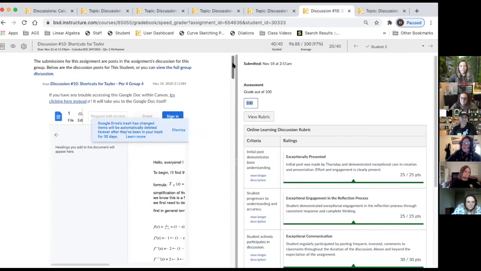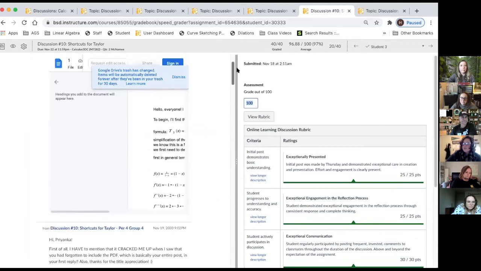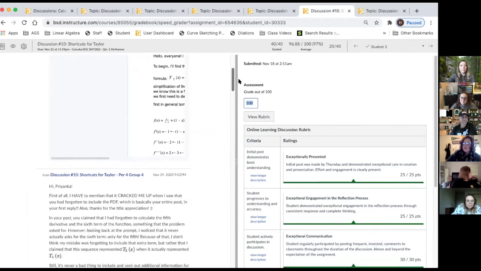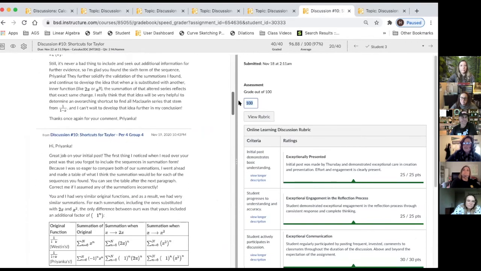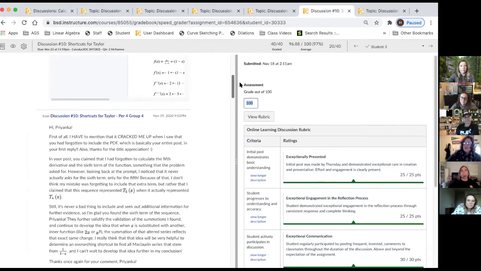But this student, my kids are pretty well trained because they know that when I'm looking through, I can't really see who they're writing to. I don't have the context of what's happening. So they help me out by saying a salutation, so I know who they're talking to.